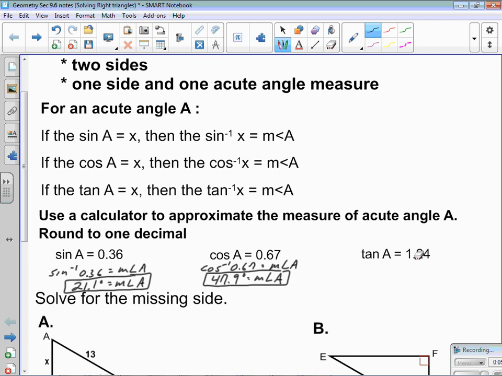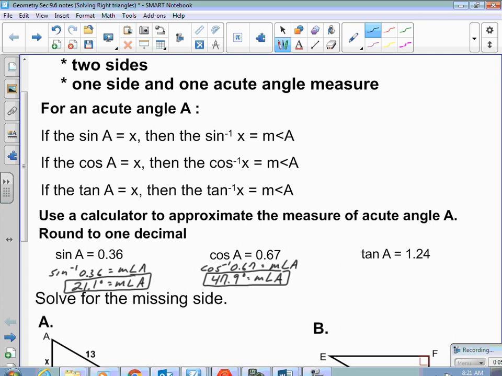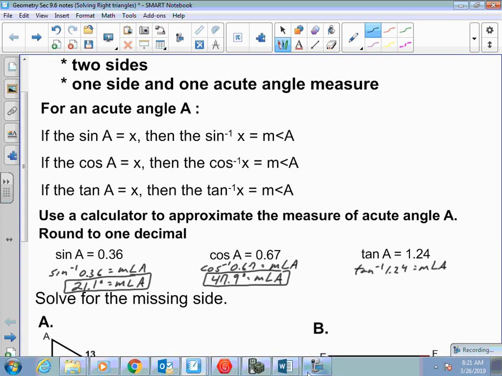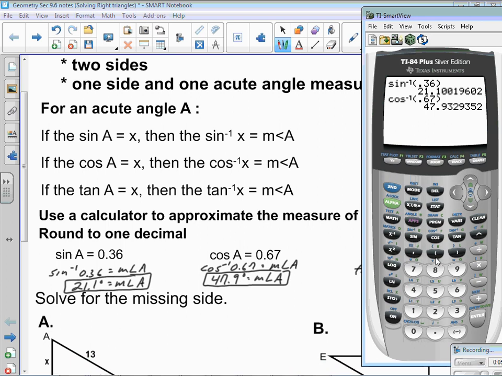Then lastly a tangent of 1.24. So the inverse tangent of 1.24 is going to equal the measure of angle A. Tangent 1.24.